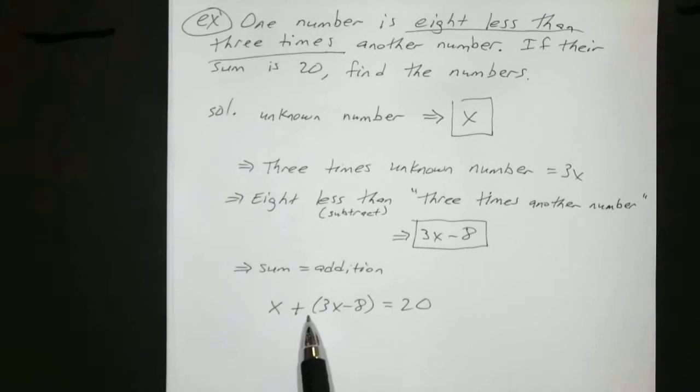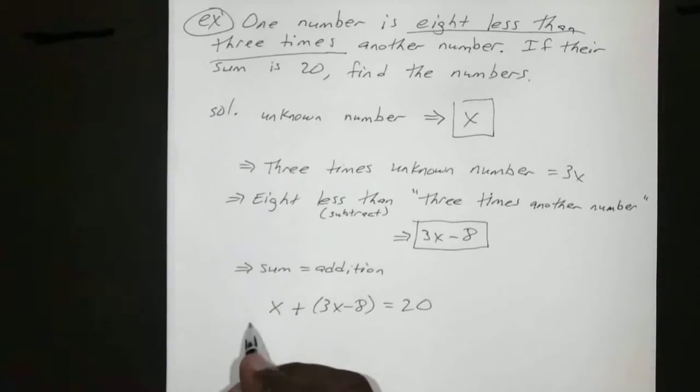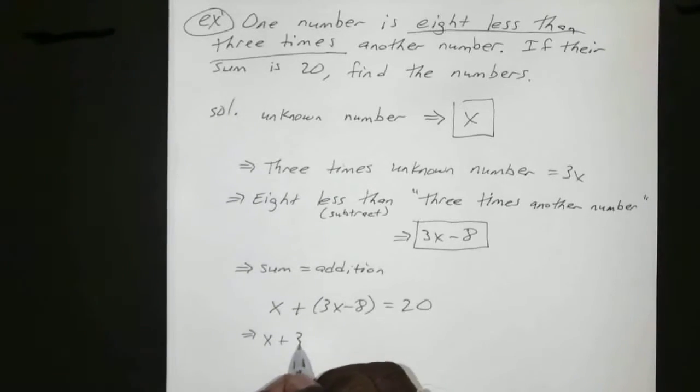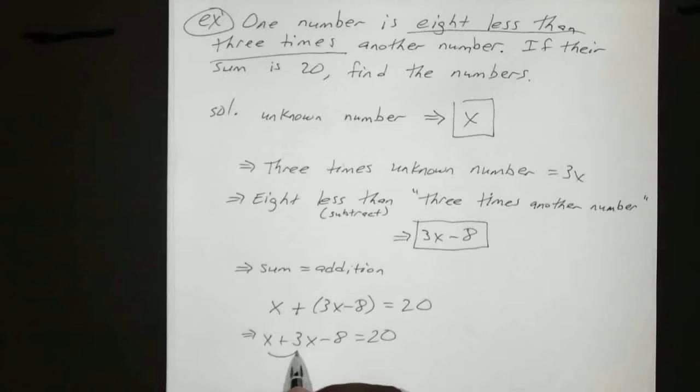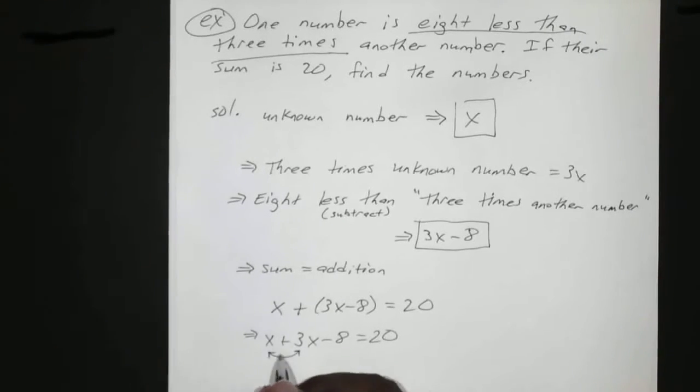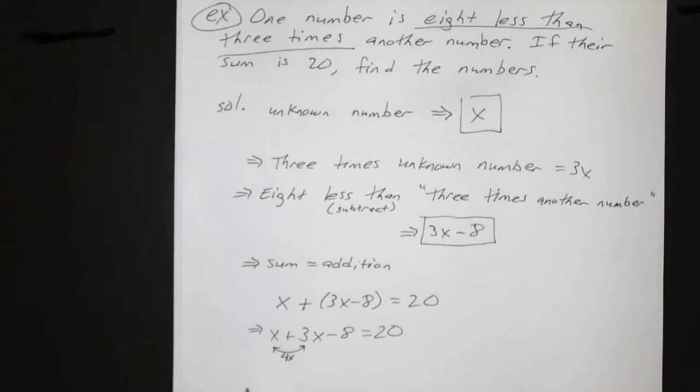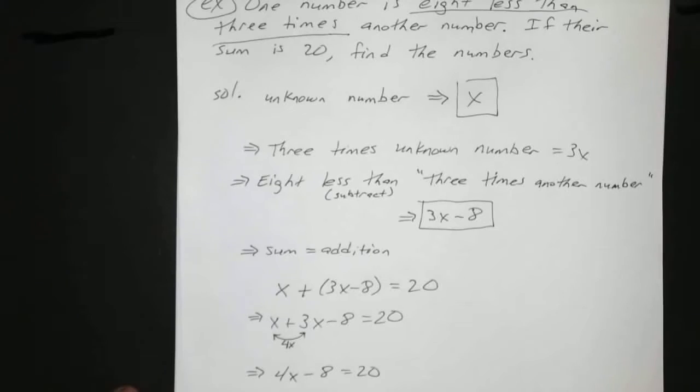Okay. So since this is plus, we can just drop the parentheses. Equals 20. We can combine those two. 3x plus 1x is 4x. So we have 4x minus 8 equals 20.